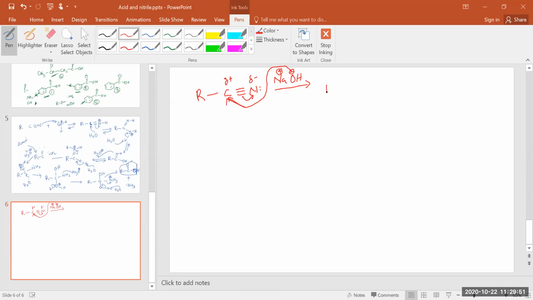Okay. So this one will make nitrogen minus, and then here you will have OH. So this N minus will take a proton. So this is a base catalyzed reaction.